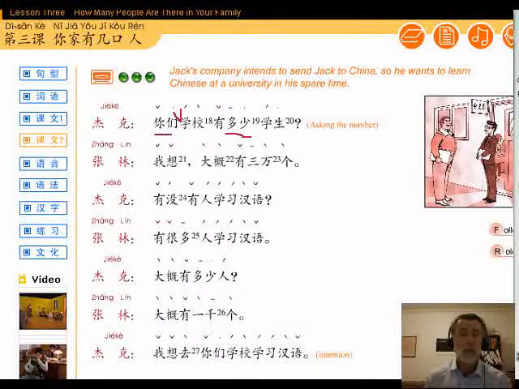We could put it 你们的学校有多少学生, but this is a rule that you can write down where you're talking about an organization that you're a member of, and it could be your family, 你们家. It could be the school, 你们学校. It could be the university, which you're a member of, 你们大学. You don't need the 的.